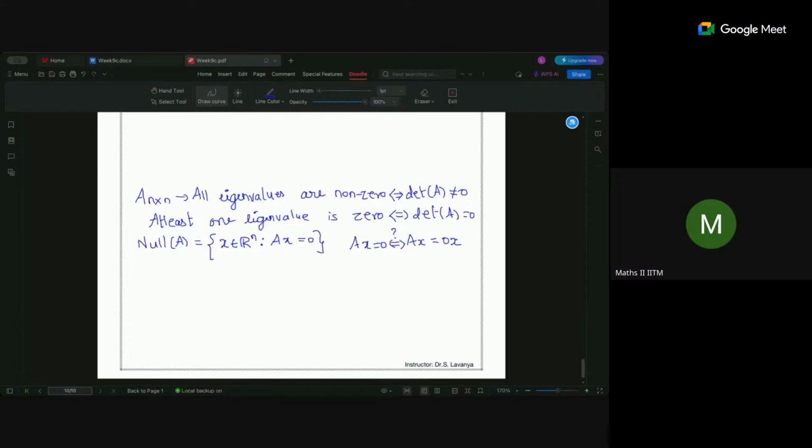Yes or no? Right? So what does it mean? It means this is the same as the eigenspace corresponding to which eigenvalue?